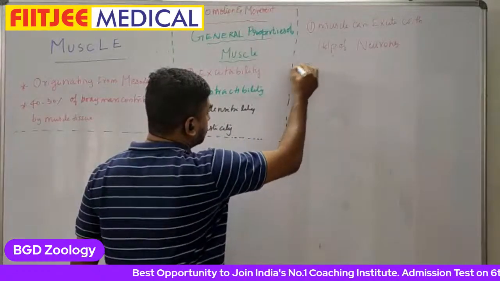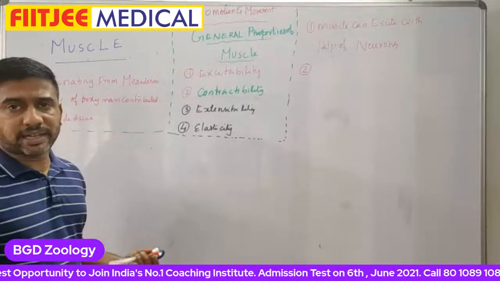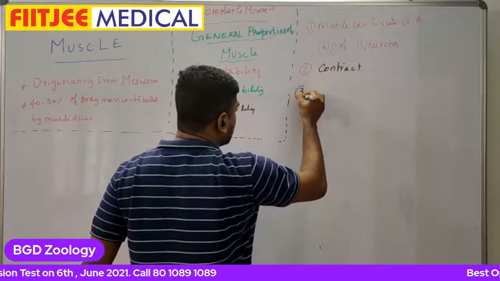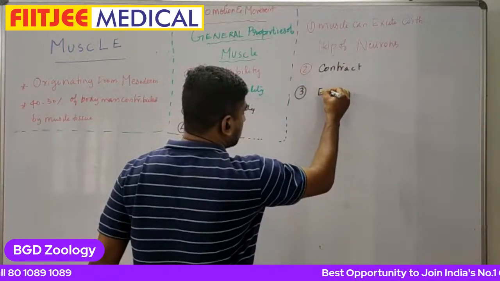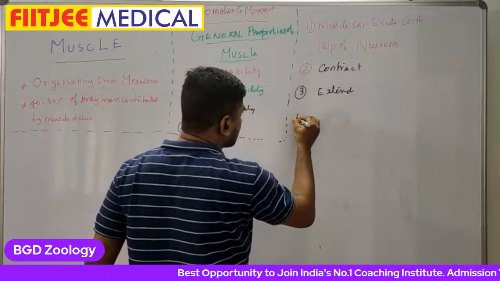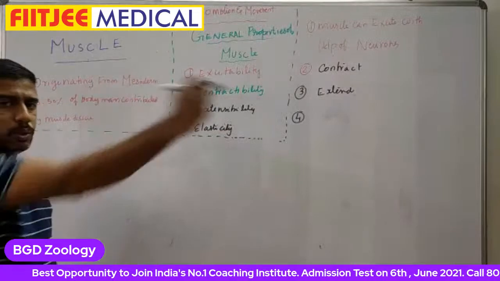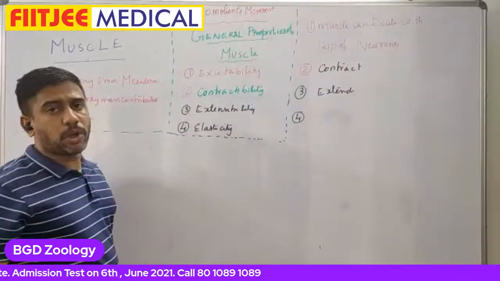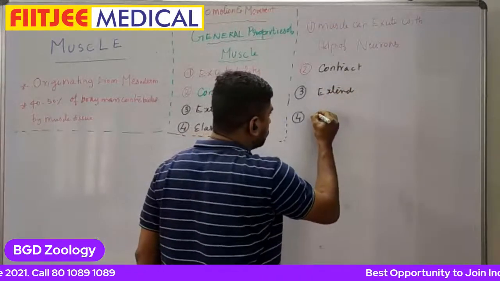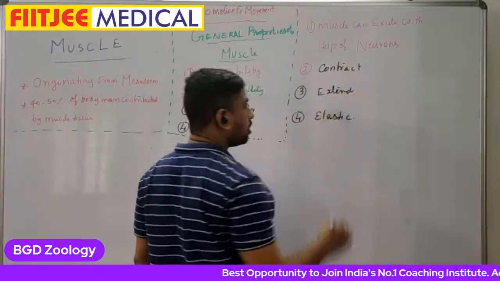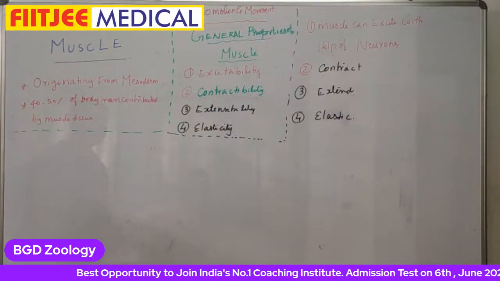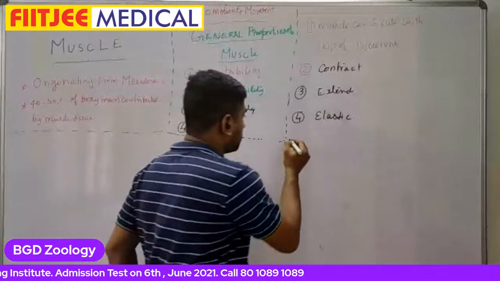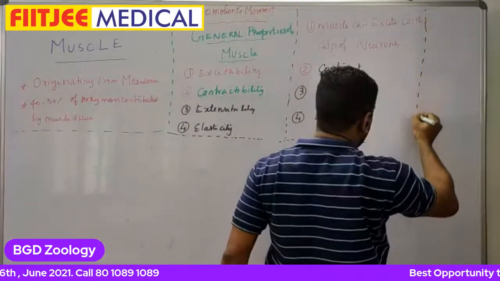Once they get the excitation from the neurons, they will contract. Once they contract, they can extend. After the extension, we can bring it back to our normal position, so we can say that they are elastic too. Clear? So the general properties of muscles are excitability, contractibility, extensibility, and elasticity. It's clear?